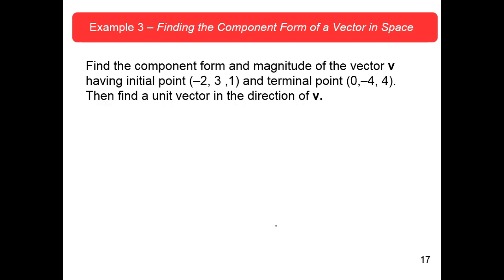All right. Find the component form and the magnitude of the vector V having initial point -2, 3, 1, terminal point 0, -4, 4. So let's first do V in component form. And what would that be? You tell me.